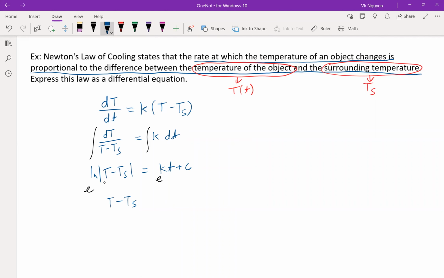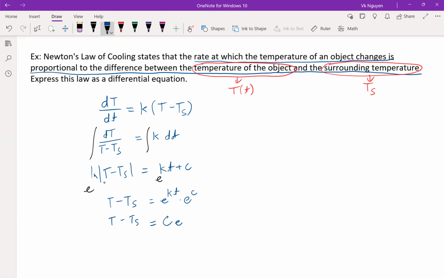We don't need absolute value because the exponential function is positive. e to the kt times e to the C. Well, e to the C is just another constant.